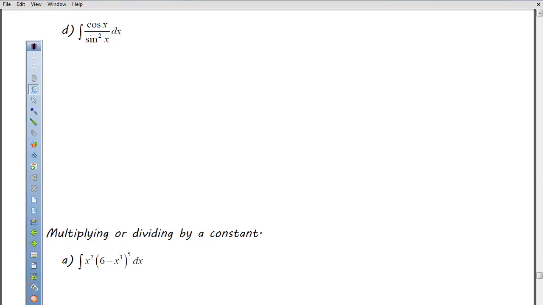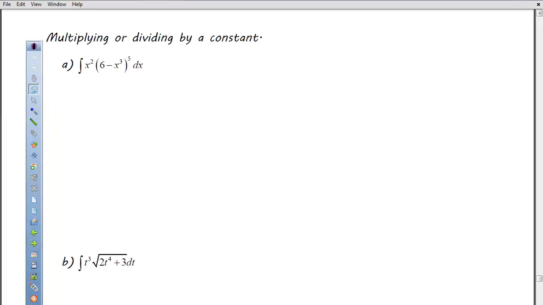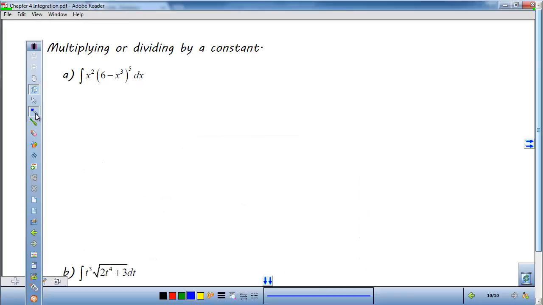But what happens if we don't have an exact match? Well, we're kind of picking up again on the fact that possibly the thing that's raised to the power should be our u, the larger function.